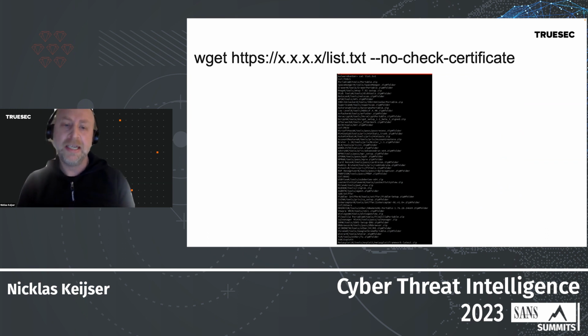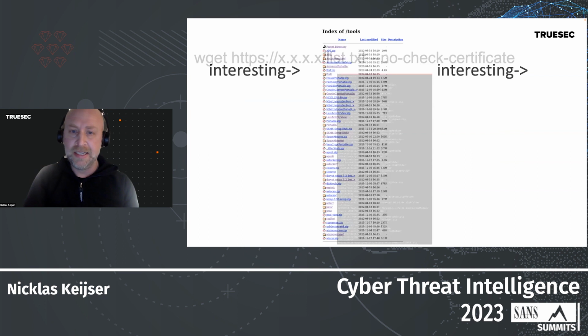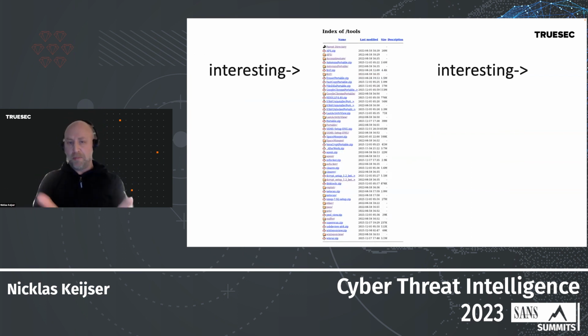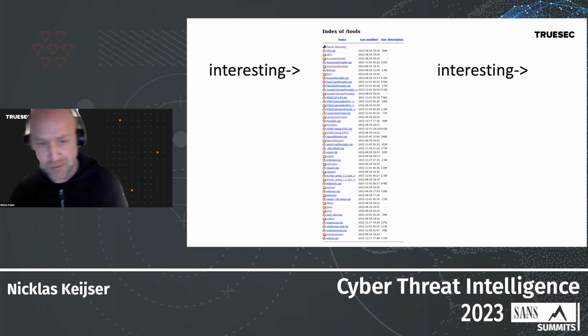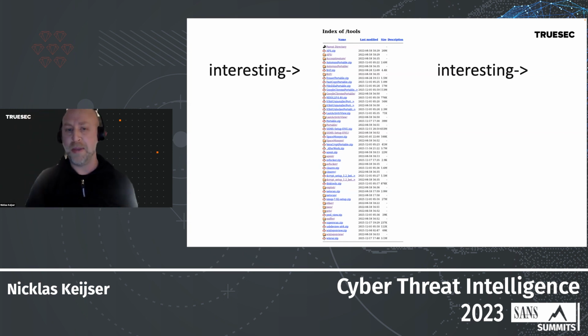Okay, what was it? And behold, it was a big bunch of stuff that looks interesting. Let's take a deeper look at this. It was an open directory with the threat actors' tooling, and I was like, this is amazing.